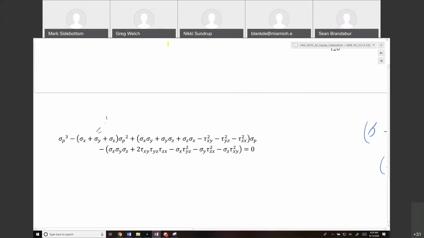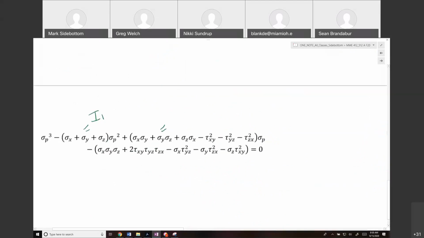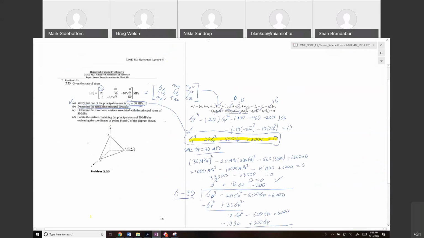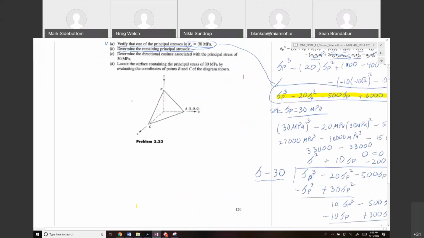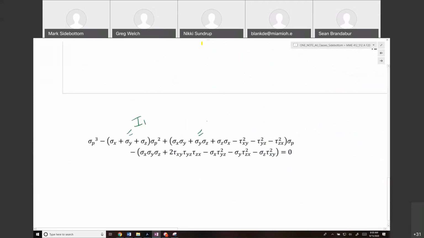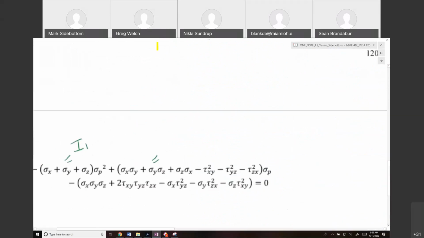We'll call this first term the first stress invariant, the second term would be our second stress invariant, and then this third term would be our third stress invariant.